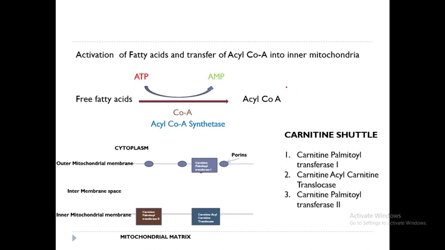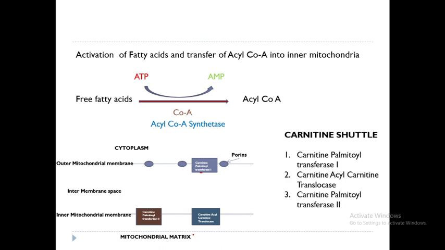So CoA is attached to the acyl molecule to form the acyl-CoA molecule. This reaction requires ATP. ATP is converted into AMP and pyrophosphate is released here. Now acyl-CoA is formed, which is the activated form, and this can enter the mitochondrial matrix.